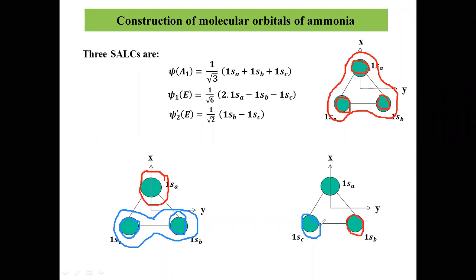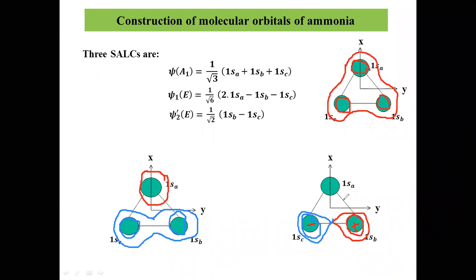That is minus combination, so this is going to be plus and this is going to be minus, right? So resultant you can think about something like this is for the positive one, and the blue is for the negative one, so it's something like that, right? So this is kind of like a PY if you look along this Y axis, so that is going to be PY. So these are the 3 SALCs where we ended up in the previous session.